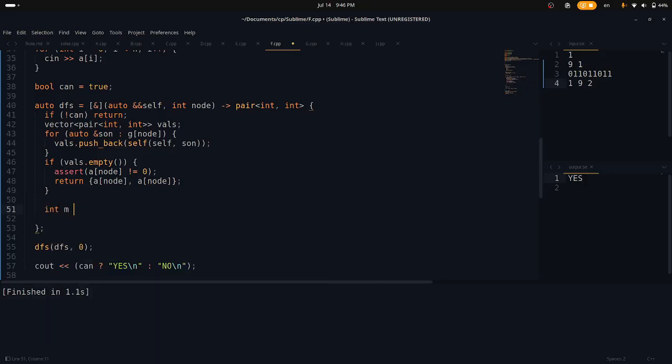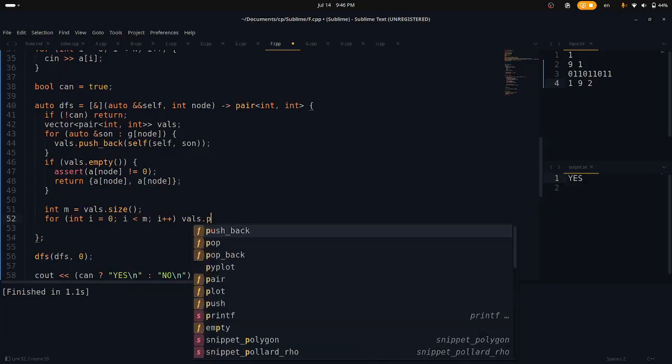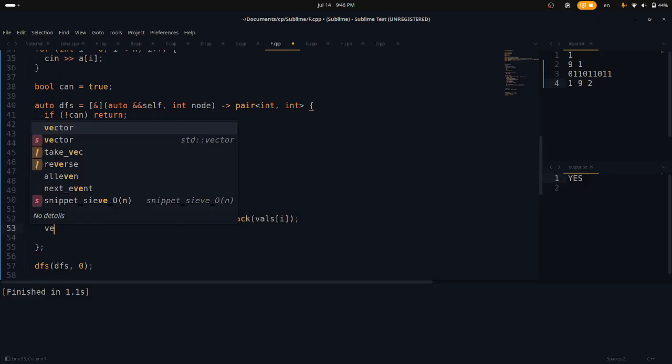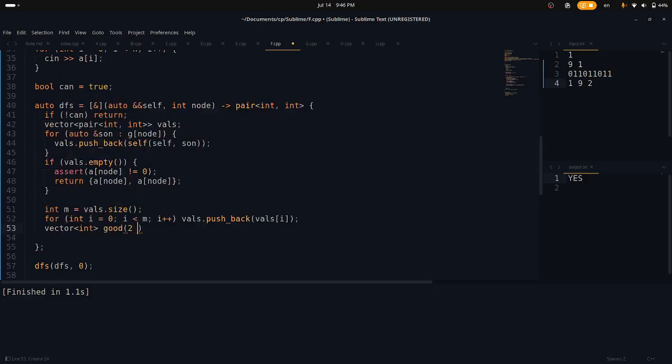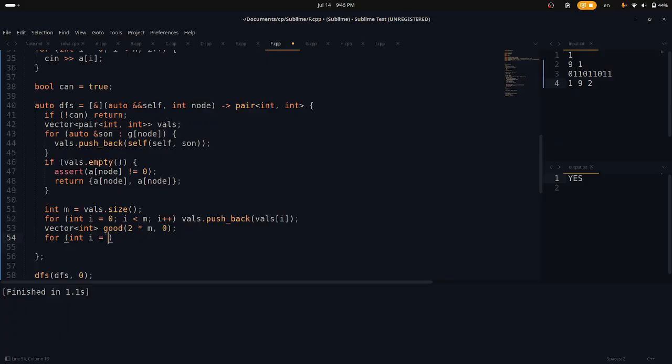So if vals of I minus 1 dot second is less than vals of I dot first, then this is good.